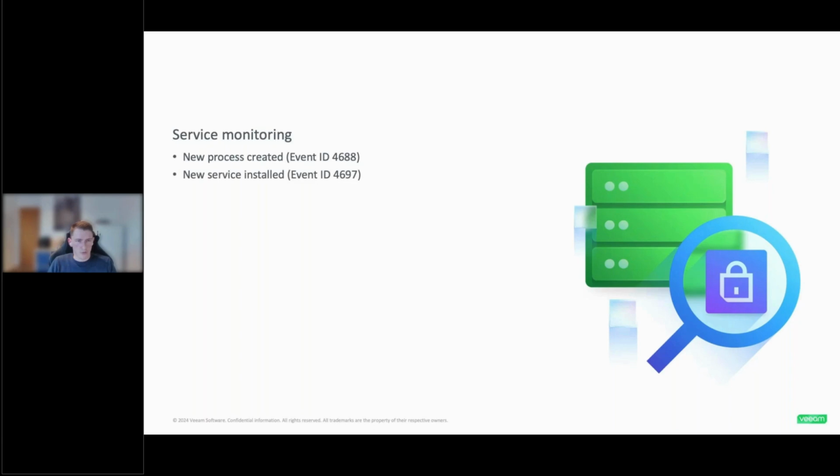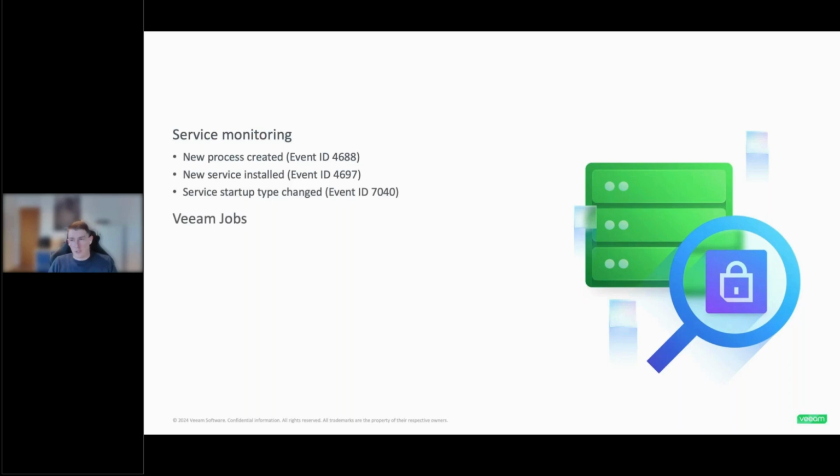When a new service is installed, same procedure. When a startup type is changed, because it can be an attack scenario to set the Veeam services to manual start and let the administrator reboot the server during maintenance, and then you won't see the Veeam services coming back. So make sure you monitor startup type changes.